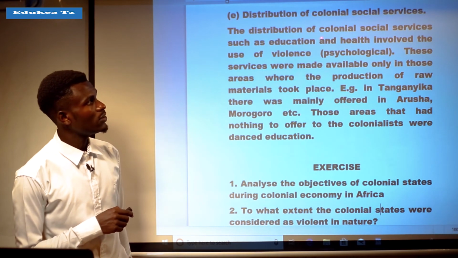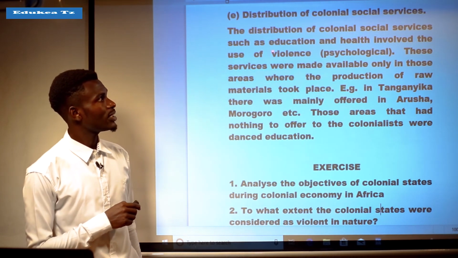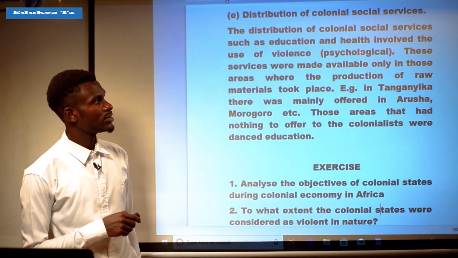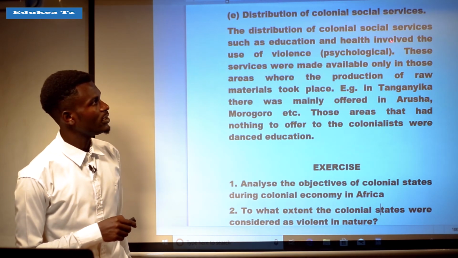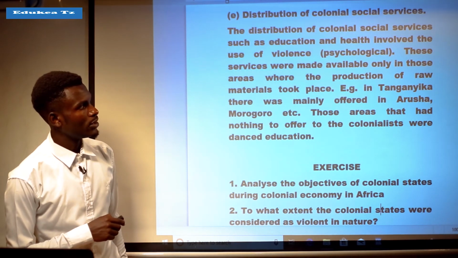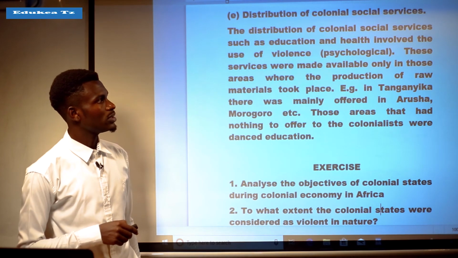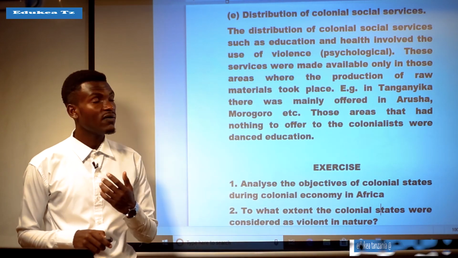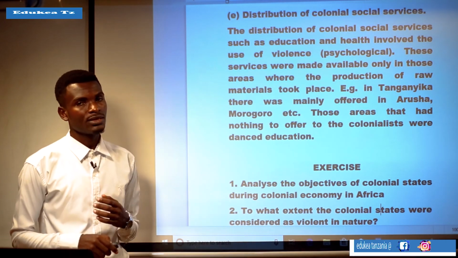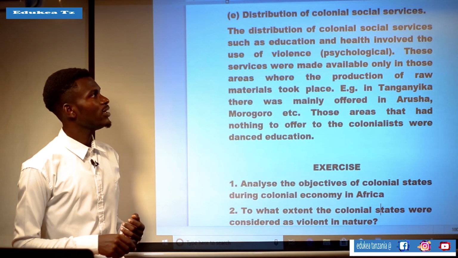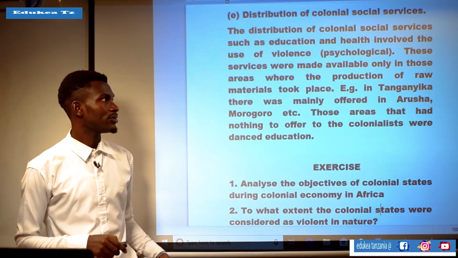The distribution of colonial social services such as education and health involved the use of violence or psychological pressure. It means that the distribution of colonial social services such as education and health involved the use of violence.